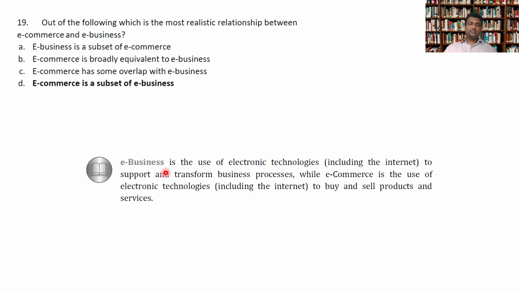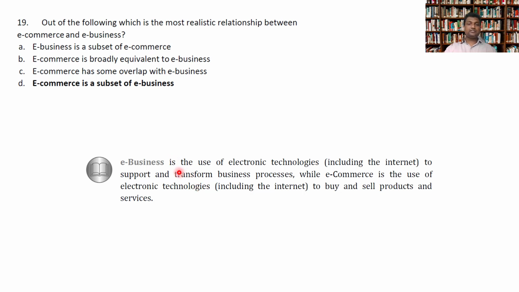Almost everything now you are automating and transforming through technology, all the processes, every department. While e-commerce is the use of electronic technologies and the internet to buy and sell products and services. So in an e-business there will be buying and selling happening, so e-commerce will be available as part of e-business.